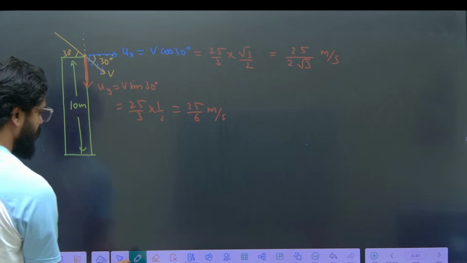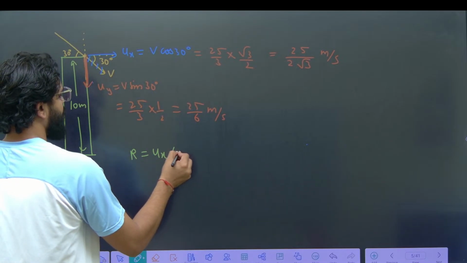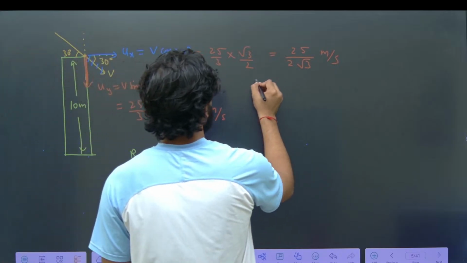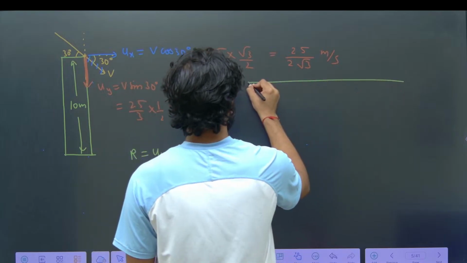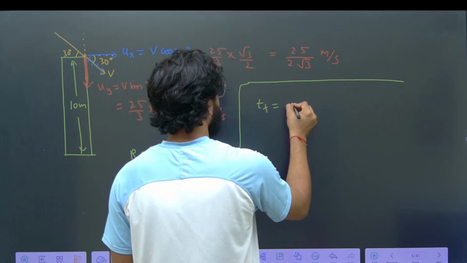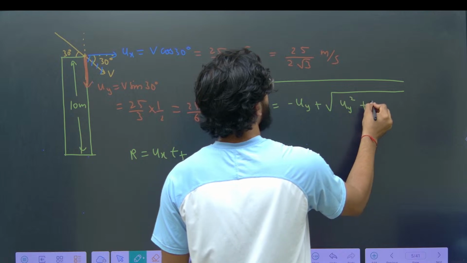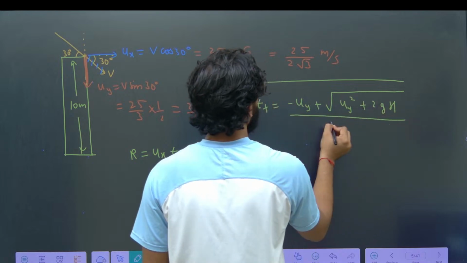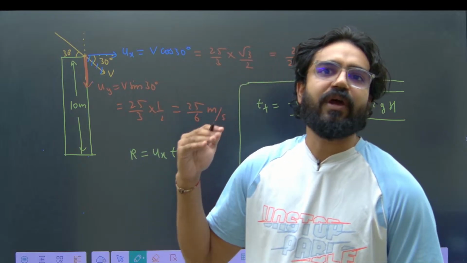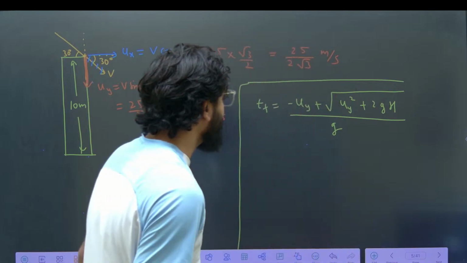Range is nothing but ux into time of flight. Let's calculate time of flight separately. Over here, time of flight is negative uy plus under root uy square plus 2gh, upon g. If you can remember the formula. We should always remember the formula of the time of flight when we throw something from the tower at an angle.